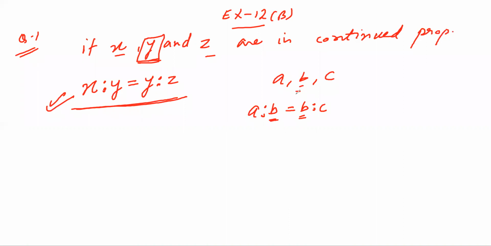But if there are 4 numbers, for example X, Y, A, and B, you will write X ratio Y is equal to A ratio B. Is it clear? So according to you, which statement given in your book in your first question is true?